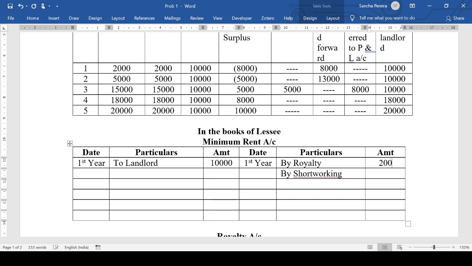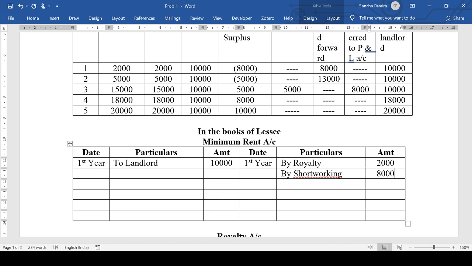Royalty is 2,000, short working is 8,000. So these are the two entries for minimum rent payable: minimum rent account to landlord, and royalty account debit, short working account debit to minimum rent.